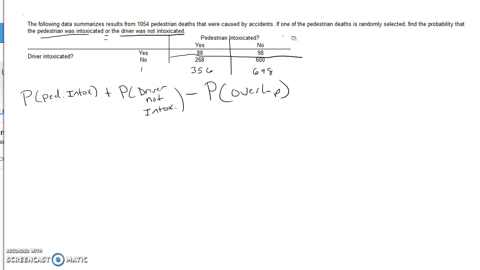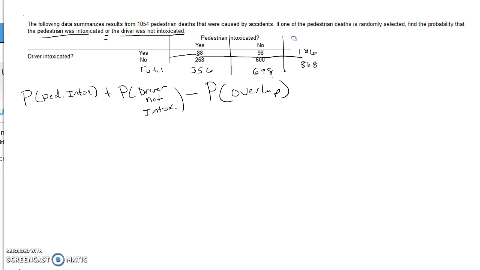So remember that these are our totals. These are the totals where the pedestrian was intoxicated or was not intoxicated. Now we need to go across for the driver. 88 plus 98 is 186. And the total of driver not intoxicated was 600 plus 268, which is 868.